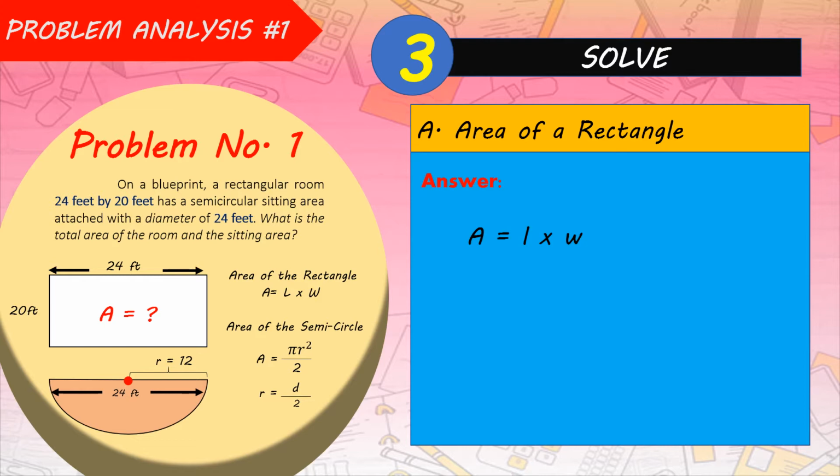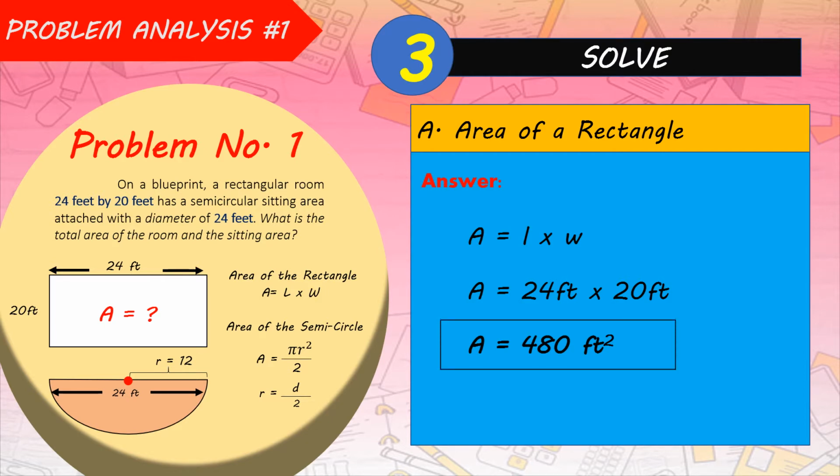Now we substitute the given measurements into the formula. So we have area is equal to 24 feet times 20 feet. Now can you tell me the area of the rectangle? You're right. So the area of the rectangle is 480 square feet. Very good.